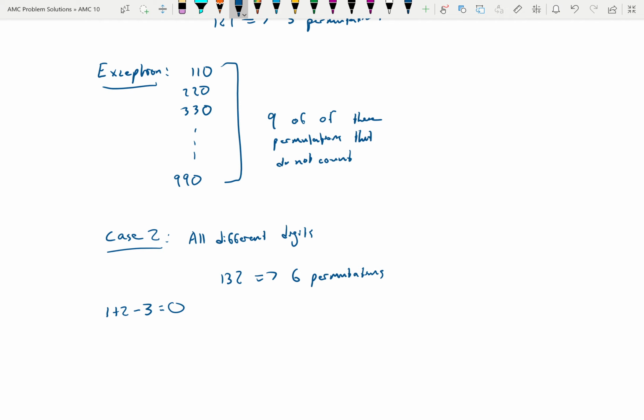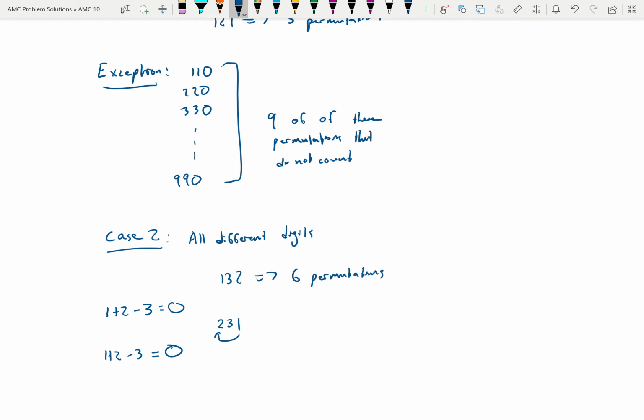So that's 0, so I know that number is divisible by 11. However, what happens if I switch the hundreds and the ones place to 231? This number is then also a multiple of 11 because 1 plus 2 minus 3 is also 0.